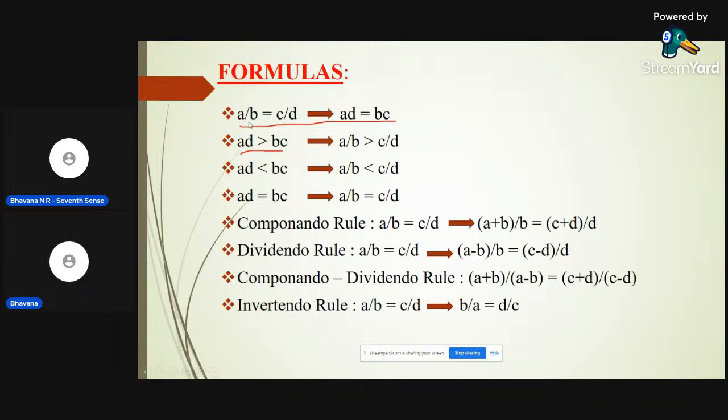Relation of proportions: A by B equals C by D, that is A is to B is equal to C by D. Here what we have to do is cross multiply the values. So A by B equals C by D.